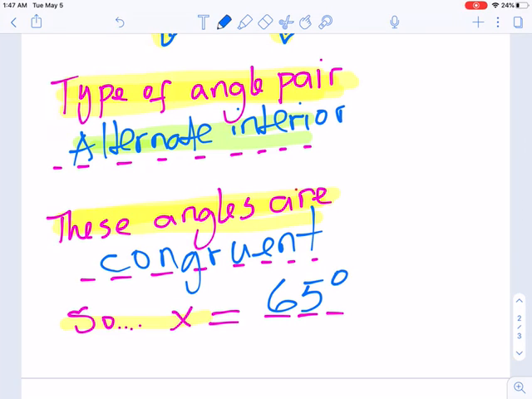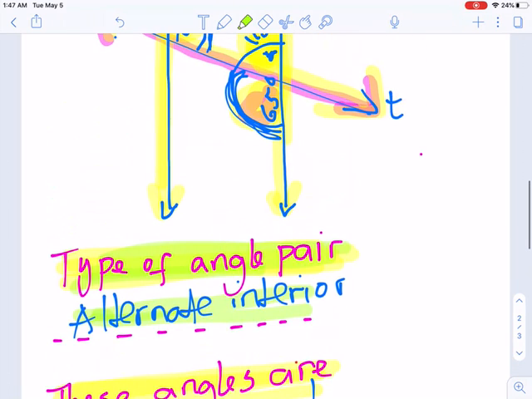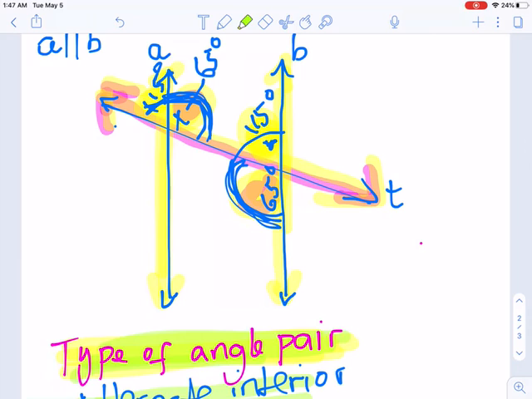This is what you're going to be doing in the next couple of slides. You're going to tell me the type of angle pairs, whether they are alternate interior, corresponding, same side interior, or same side exterior, and you want to make sure that you try and prove it to me, just like I proved it to you here.